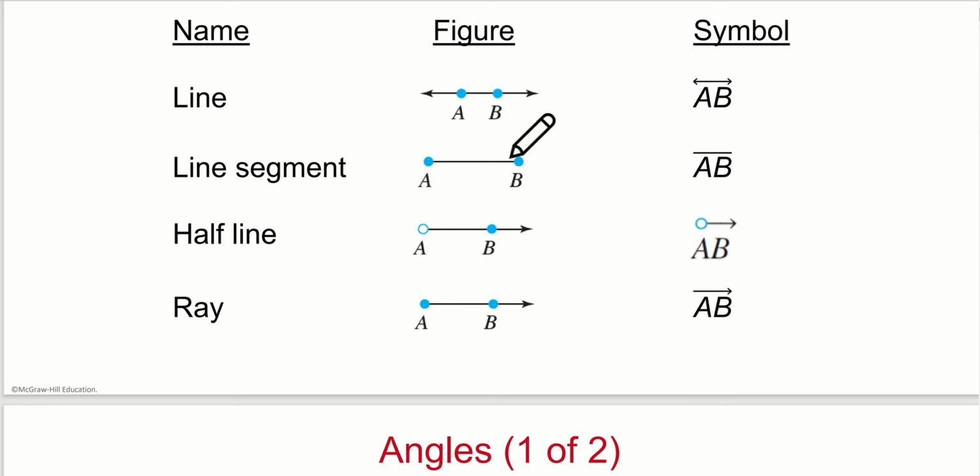It starts at A and it ends at B. We can also have a half line, which is a line that has an endpoint and would extend infinitely far in just one direction. So this would be like a half line. And then we have a ray, which is very similar to a half line. The only difference here is that the point A is included in the ray, whereas in the half line, the point A would not be included.